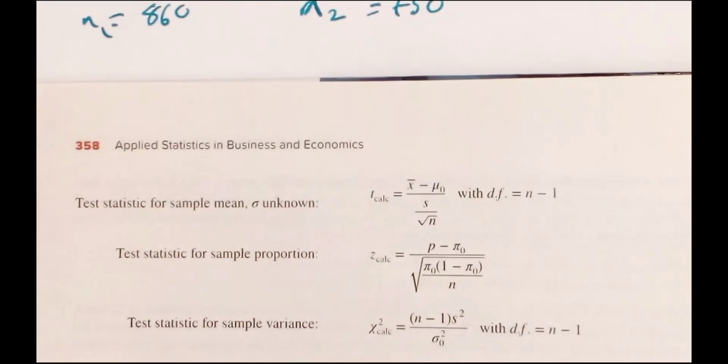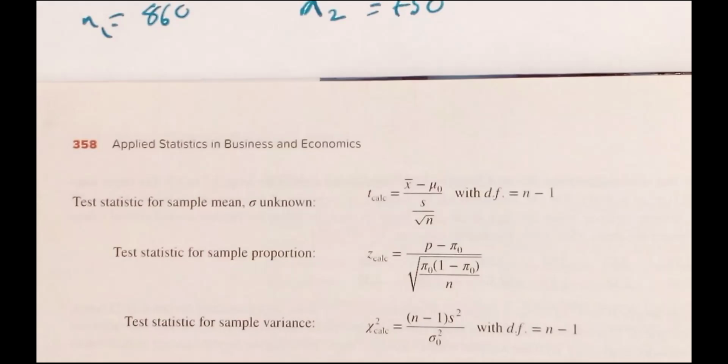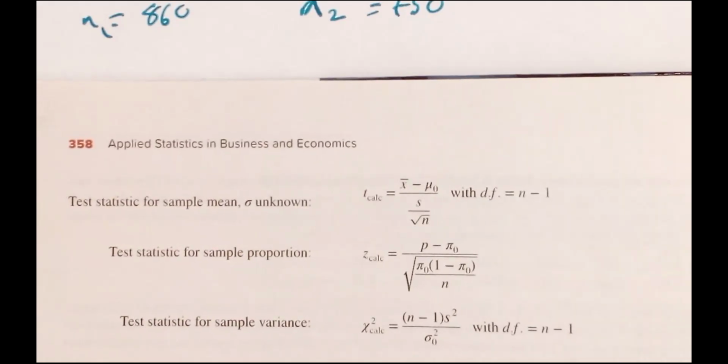If I am doing two sample, then we've got two questions. For a two sample test, the question is whether or not we get to pool the variance. And then there are two different t's.